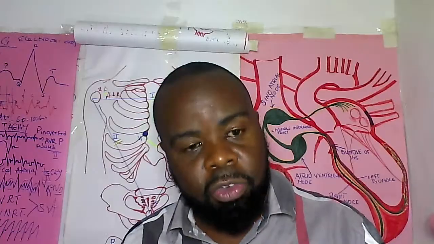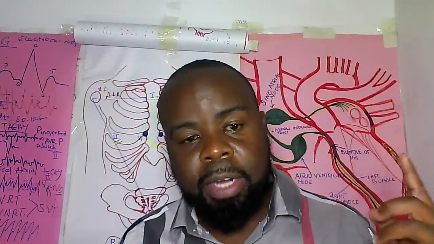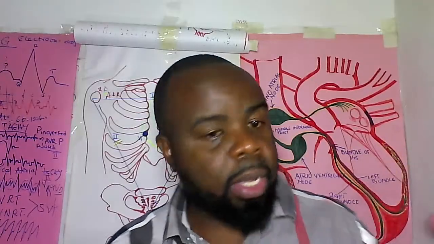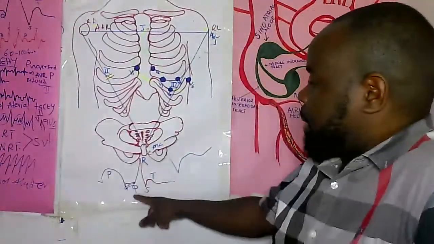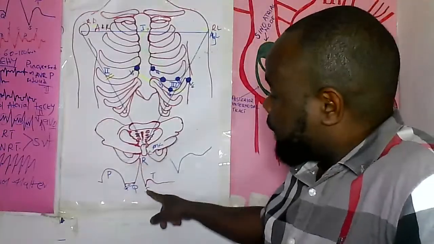Is the P wave there? Yes, the P wave shows that the atrioventricular node is working. Look at the QRS complex.